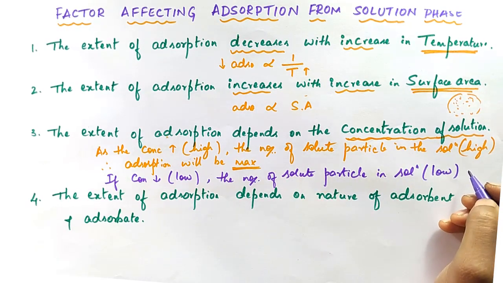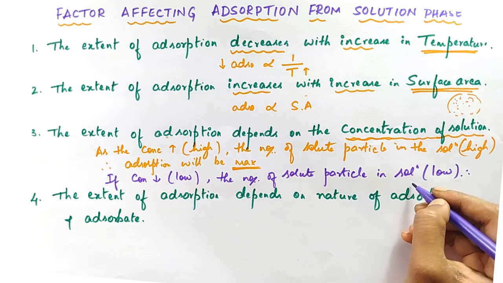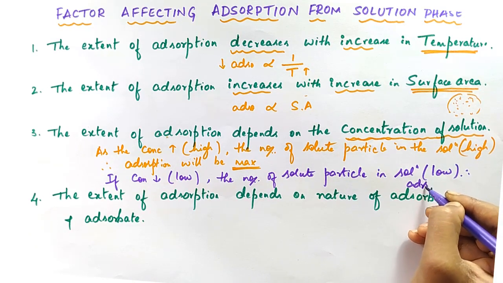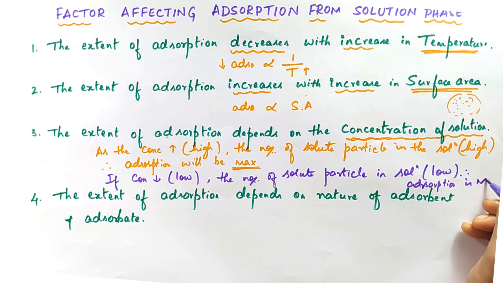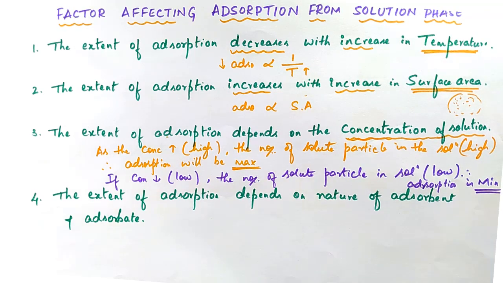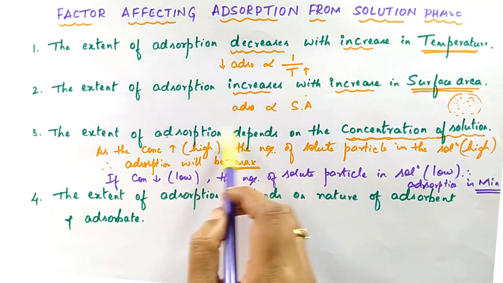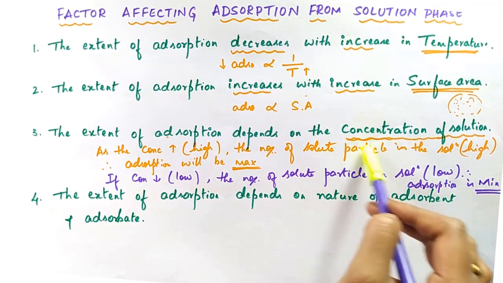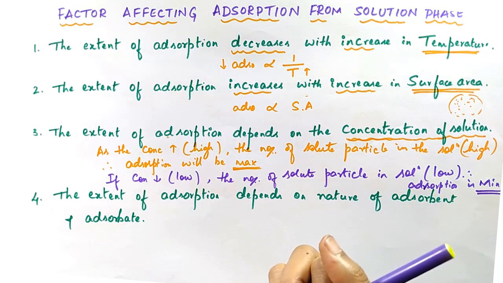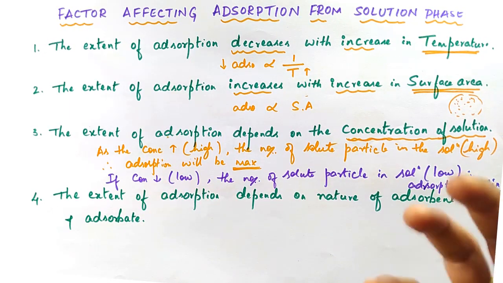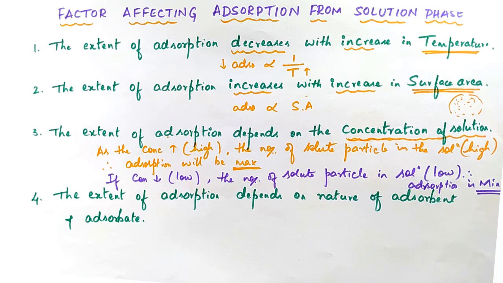Therefore, what will be the adsorption? Adsorption is minimum. So we can say that the concentration is directly proportional to the adsorption. As the concentration increases, adsorption also increases. This is the third point.